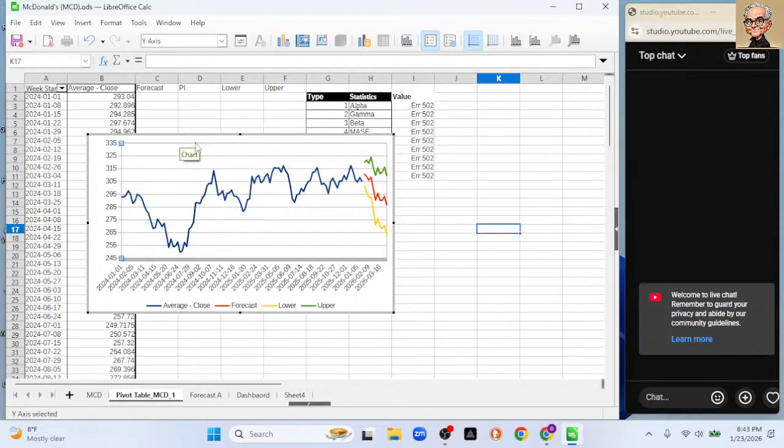So now you can see the overall forecast.